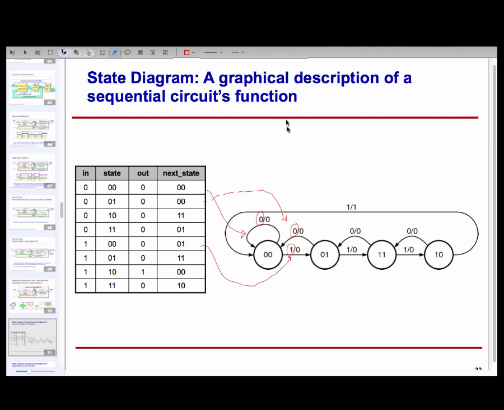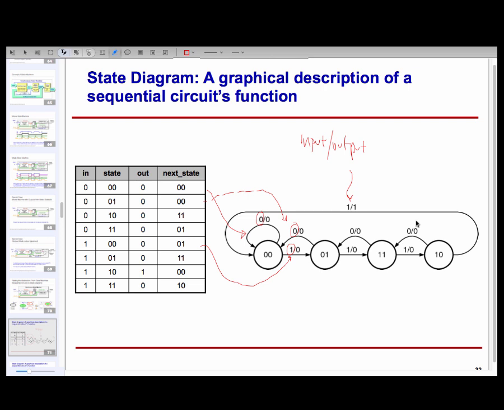That's the notation that we are using. Basically in this state, the logic is if input is 0, go back to 1, 1 at the next clock tick, and meanwhile your output should be 0.